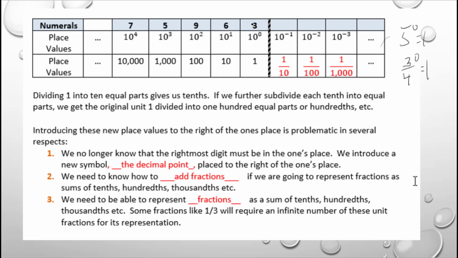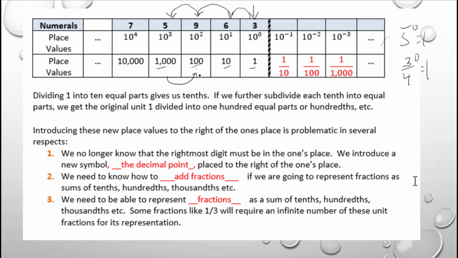That's just by definition. So now as we move to the left, each place value is 10 times bigger than the previous one. 100 is 10 times bigger than 10, and 1,000 is 10 times bigger than 100. Now when we go the other way, we take 1,000, divide it by 10, we get 100.